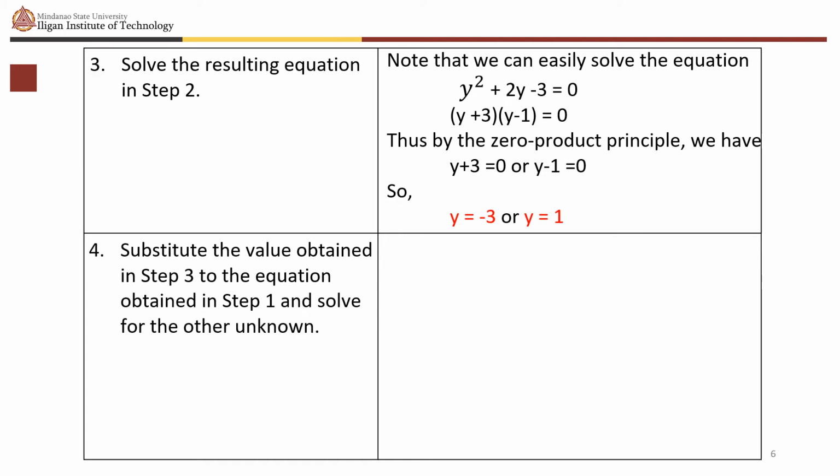And then substitute the value obtained in step 3 to the equation obtained in step 1 and solve for the unknown value. So we use the equation x equals 2 minus y from step 1 to solve for x.